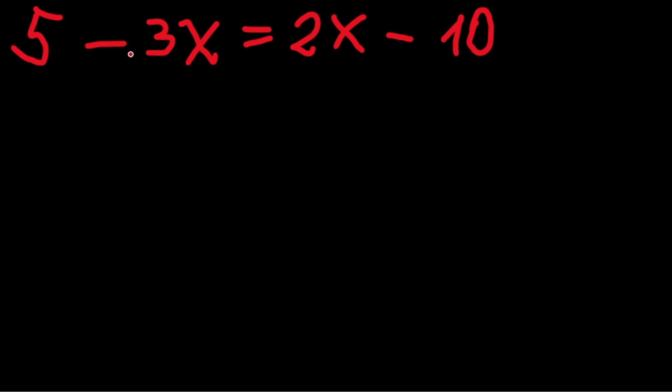So let's try and bring this 2x to the 3x. What is the opposite of 2x? It's minus 2x. So I'm going to put a minus 2x, and on the other side, we're going to do the same: minus 2x.